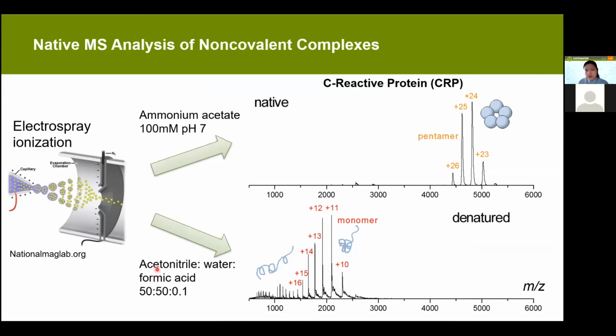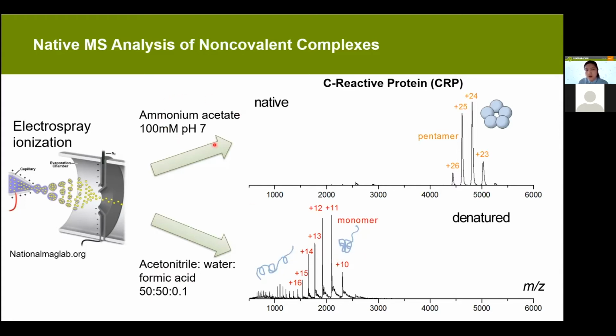Normally for LC-MS or peptide analysis, we like to use volatile solvents, like organic solvents including acetonitrile, or formic acid or other acids to help ionize and protonate the proteins to improve the signal. In this case, because the conditions are very denaturing to the proteins, we're only seeing the monomers of the protein with a lot of charge, indicating that they're unfolded.